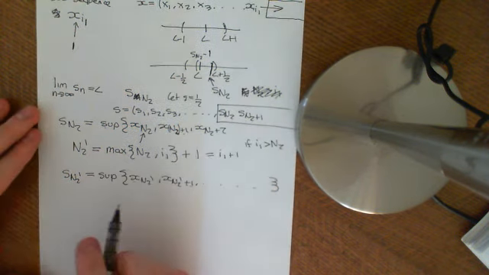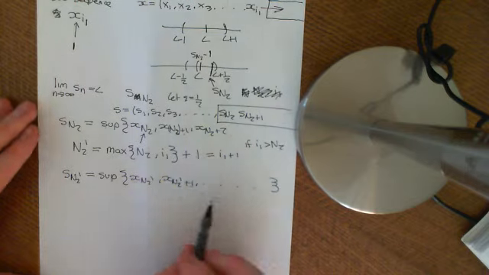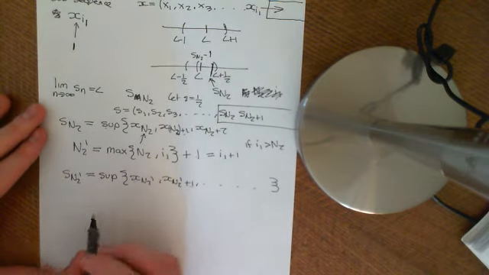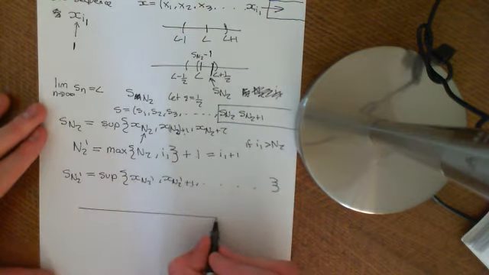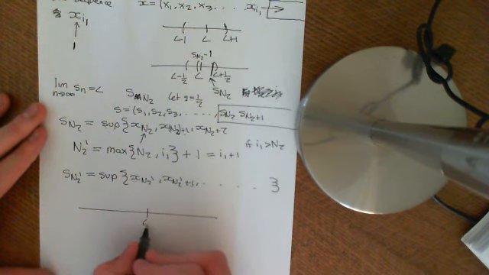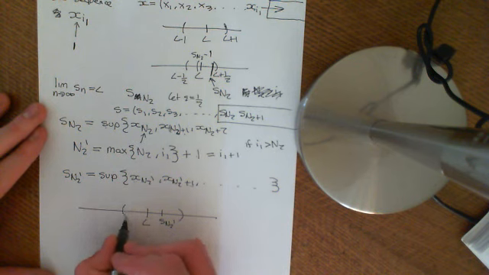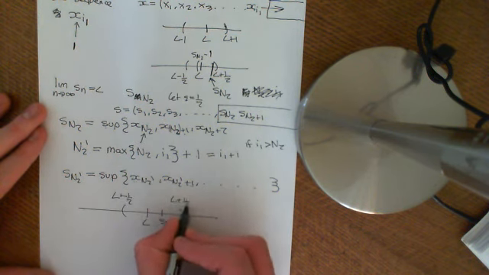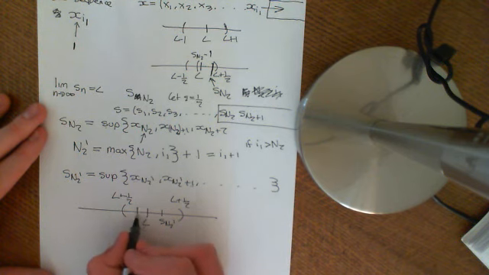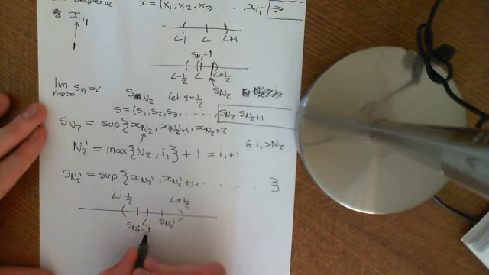Okay, so now we've got this set here, which Sn2 prime is the supremum of. We pull exactly the same trick. We say, okay, here is L, here is Sn2 prime, and here is the interval L minus a half to L plus a half. What we then do is we say, okay, take the point Sn2 prime minus a half.